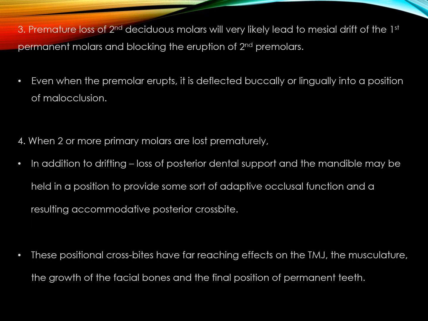These positional crossbites also have an effect on the TMJ, the musculature, and the growth of the facial bones, and will affect the final position of permanent teeth. So that's how the loss of primary molars can have an adverse effect on permanent teeth and the overall health of the individual. So it becomes extremely important to try and save these teeth, and if not possible, provide space maintainers. We will be going into more details on space management in subsequent lectures.